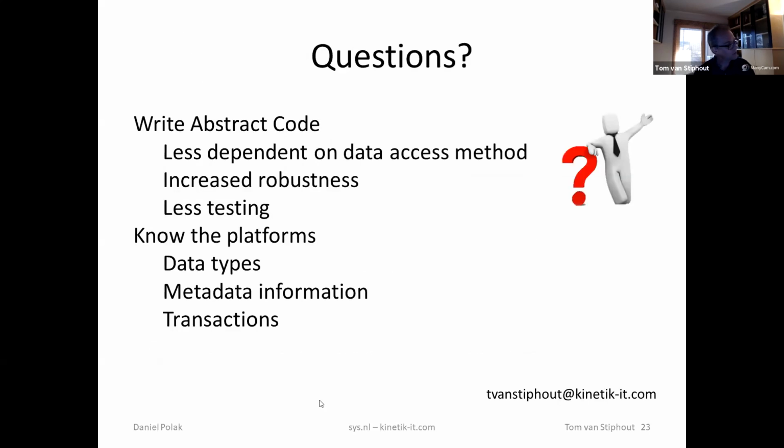So that's what I want you to take away from this: whether you support multiple backends or are thinking about upsizing to SQL Server, write as much abstract code as possible. So you're less dependent on data access methods, you improve the quality of your application, and you have less testing to do.